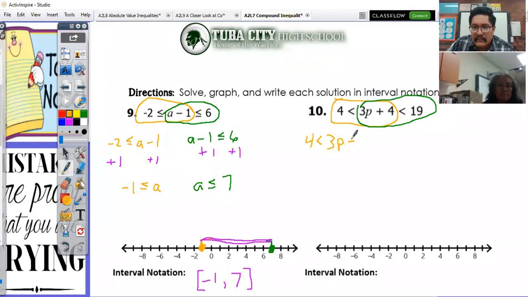I'm gonna write out my inequalities. And then I'm gonna write out the one in green, so 3p plus 4 less than 19. And then again from here, we're just gonna use our inverse operations.